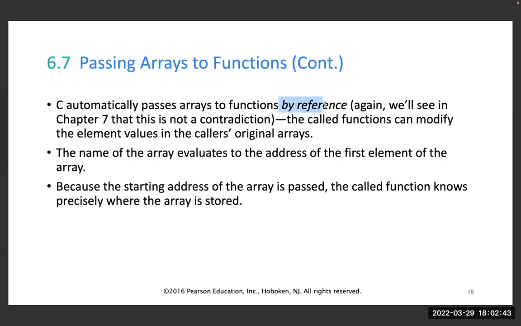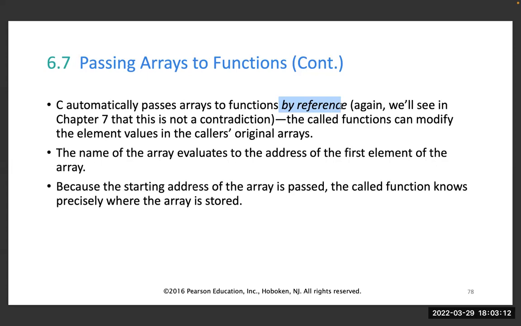By reference, as we said before, is actually just passing the memory address. Okay, by value is the default calling method for passing parameters, so it makes a copy. By reference, we just give the memory address of the array to the function.